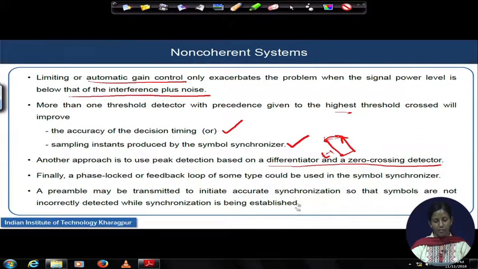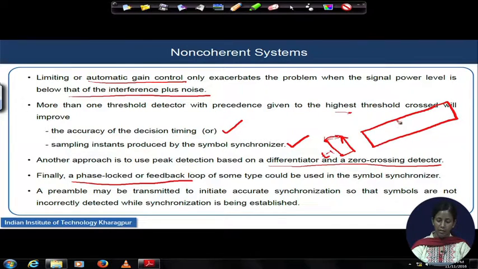But finally, above all this, a phase locked loop or a feedback loop is the best option for symbol synchronization. And whatever the situation, for symbol synchronization we usually prefer to send a training sequence inside the preamble of the data in the packet structure that we have earlier discussed.